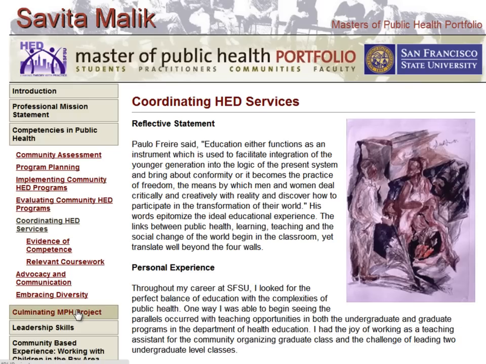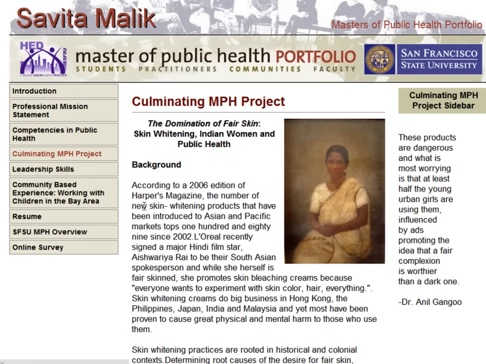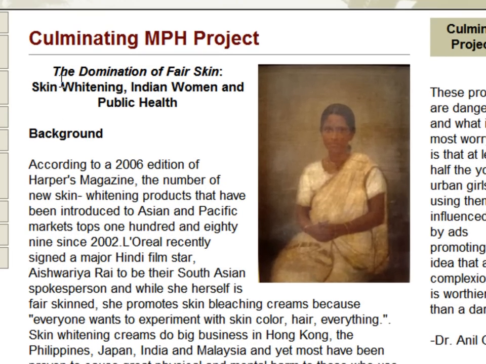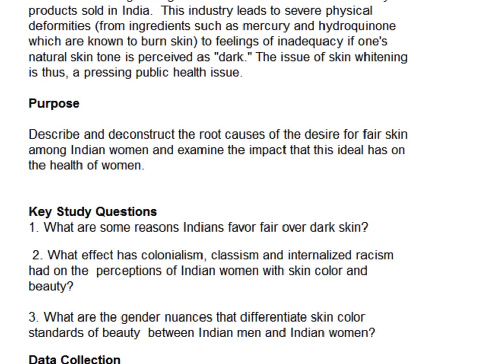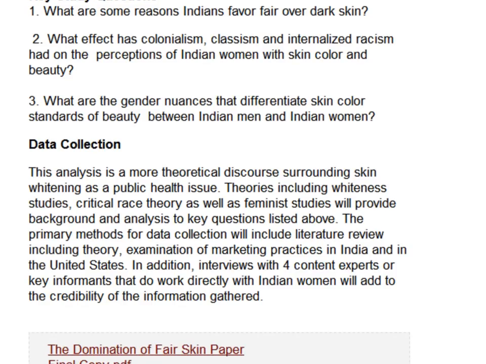Further down, the next category is the culminating Masters of Public Health project, and it is entitled The Domination of Fair Skin, Skin Whitening, Indian Women and Public Health. She gives background on this major project that she did. She talks about its purpose, key study questions, and describes the data collection.